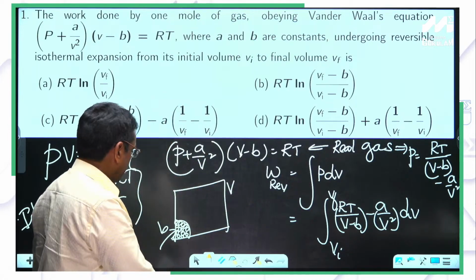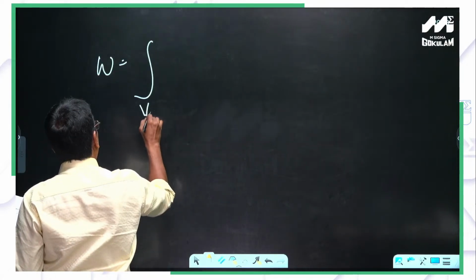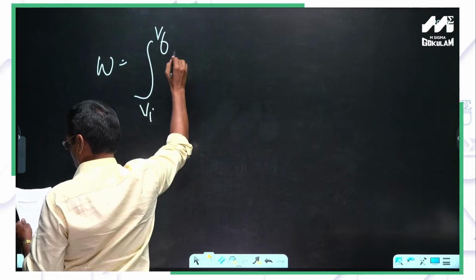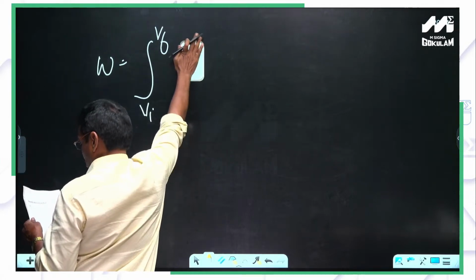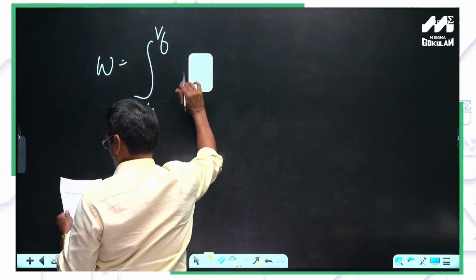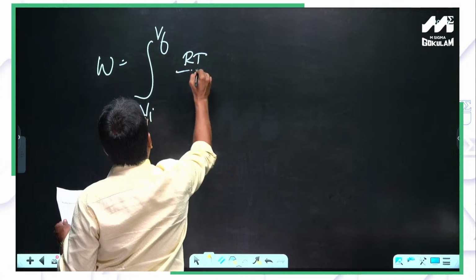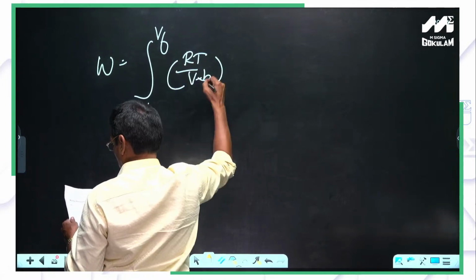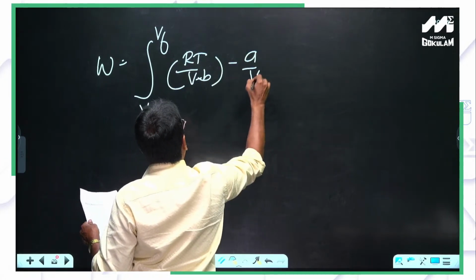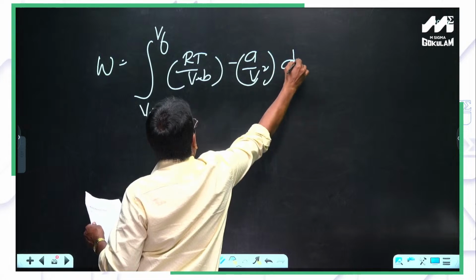Now we have to integrate this equation. This equation will become integral from V initial to V final of RT by V minus B minus A by V square dV.